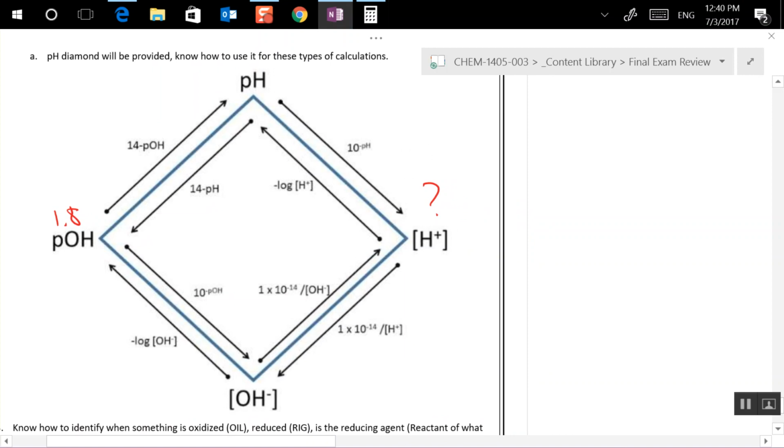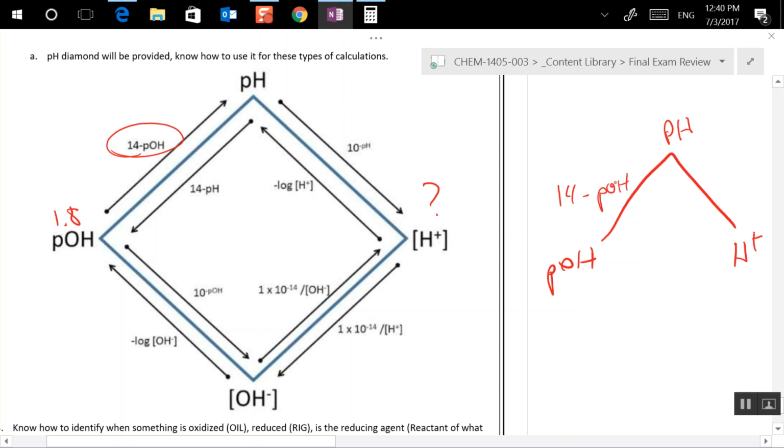So pOH, I'm going to go like this, H+. Okay? pOH to pH. What is my equation to go from pOH to pH? It's right here. 14 minus the pOH. And then from the pH to the H+, 10 to the negative of the pH.